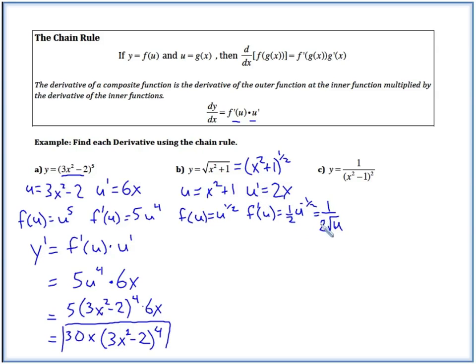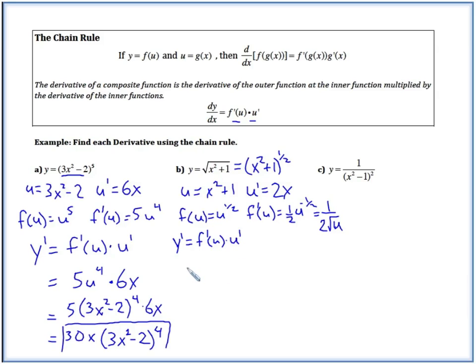Okay, once we've decomposed our function and gotten the derivatives, now we can apply the chain rule. So again, y prime is going to be f prime of u times u prime.